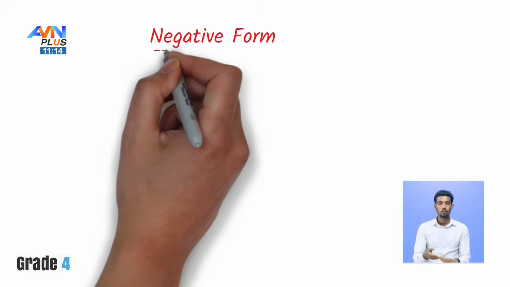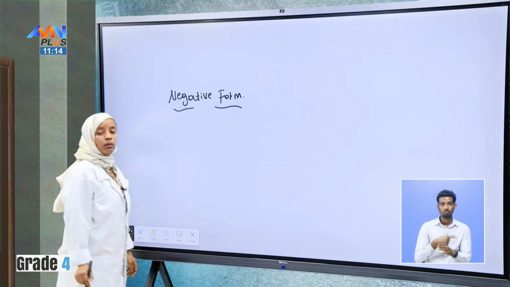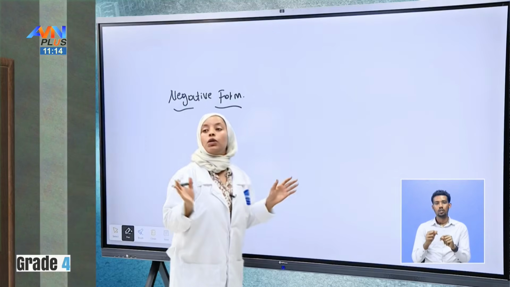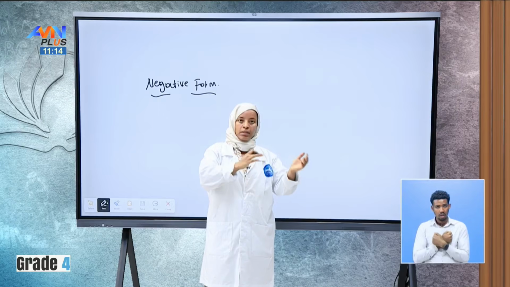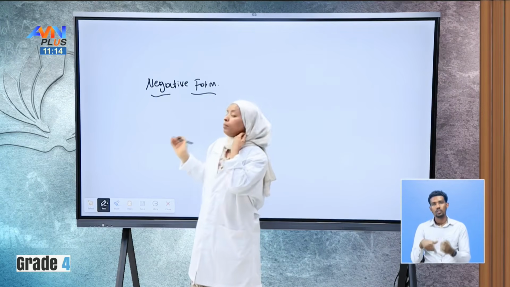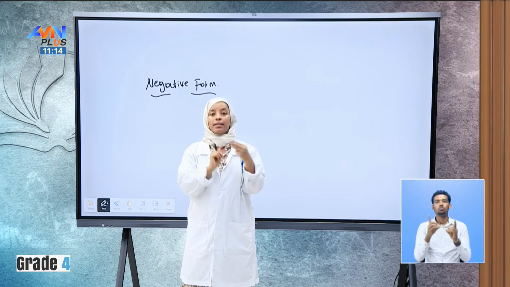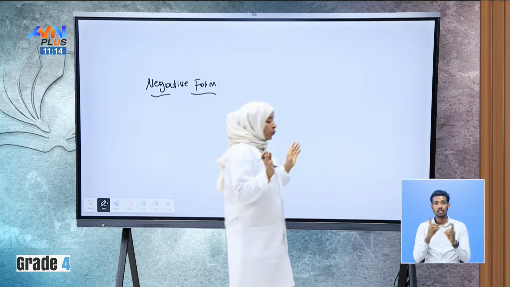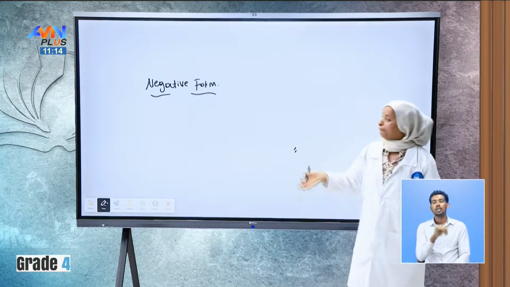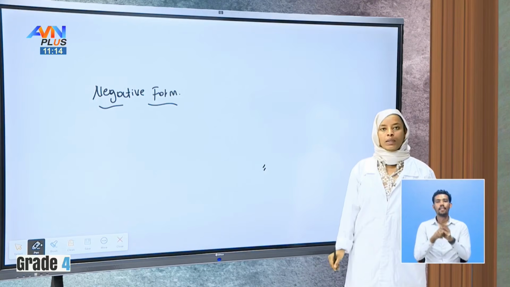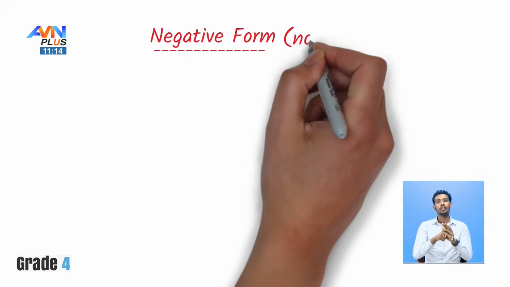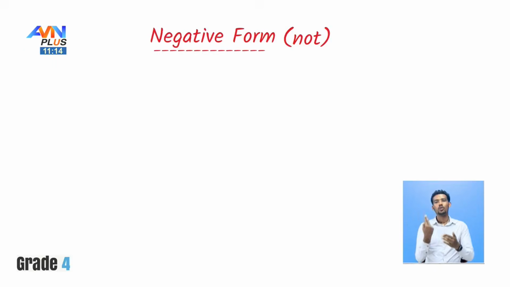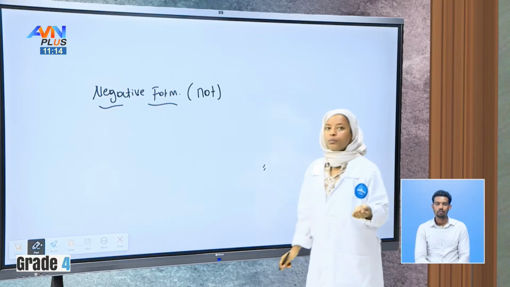Before, we just practiced what? With the question form, like do you like, does, and did. This one is the same, do, does, and did, but we can use them as the negative form. When we come to negative, we always use what? Not.